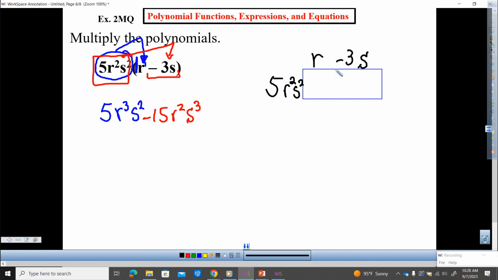Right here? All right. So as soon as the first term ends, before the other one begins, you draw the line down, and we do the same process. Here we go. This times that. Brandon Felix, go.